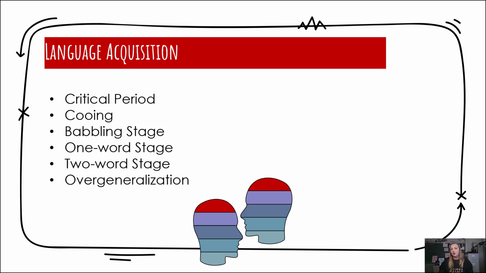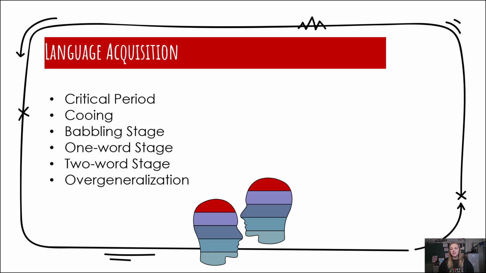So for example, a child is going to say my feets or my foots instead of feet for the plural version of foot, or goed, instead of using the actual irregular word that we know to use. Why? Because it's much simpler to apply that universal grammar rule to everything.